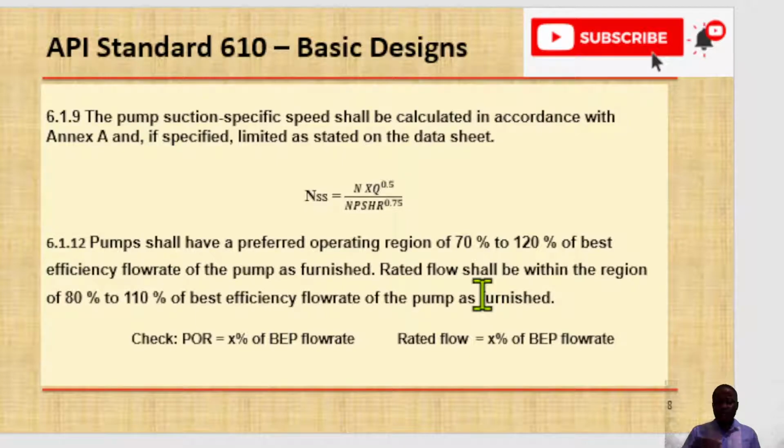In the next session, which is going to be part 2, we are going to continue with some other things that you also have to check as stated in API standard 610, which is the standard governing the basic design of centrifugal pump. Okay, so this is going to be the end of part 1.